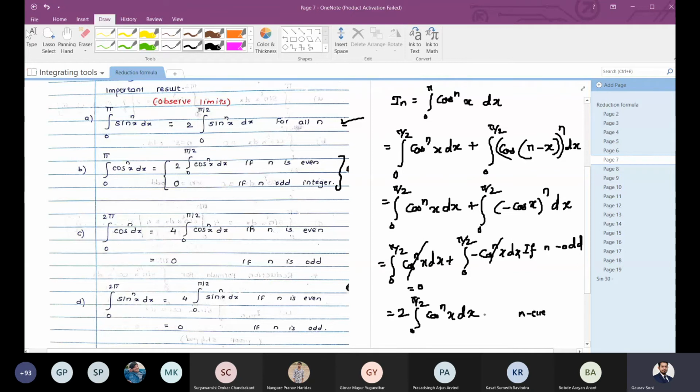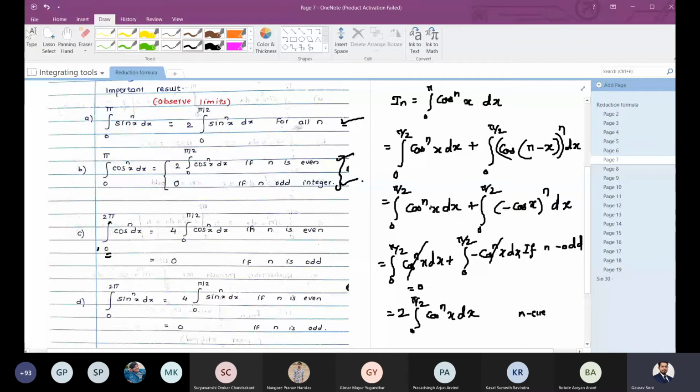So we are using the same property again and again to derive these results. We get 2 times 0 to pi by 2 cos raised to n of x dx if n is even, and it is equal to 0 if n is odd. Similarly, for 0 to 2 pi, just now I also proved this result.